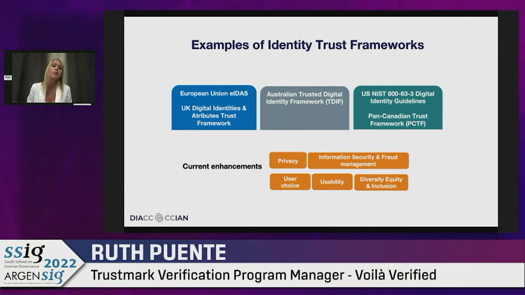Each member state of the European Union can have its own system to verify the identity of its citizens, and those methods should be notified to the European Union, and after they see that it complies with the eIDAS regulations, it is published.